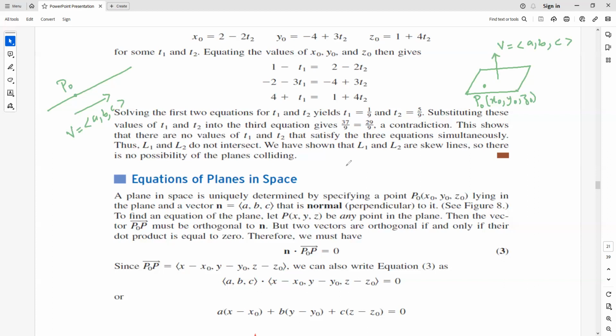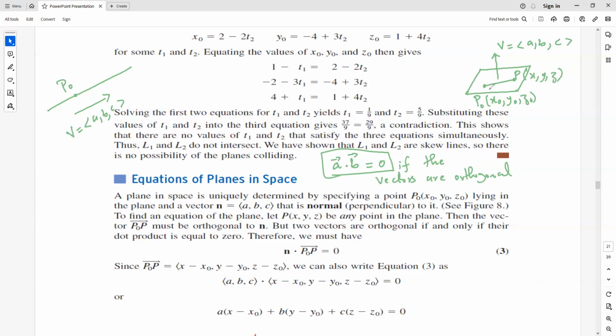Now, again, we know that the dot product of two vectors, a dot b, equals 0 if the vectors are perpendicular, that is, orthogonal. So using the definition of the dot product, if I join this point with some other point P, any point on this plane with coordinates x, y, z, then since this vector V is perpendicular to the plane, it is perpendicular to every line on the plane.